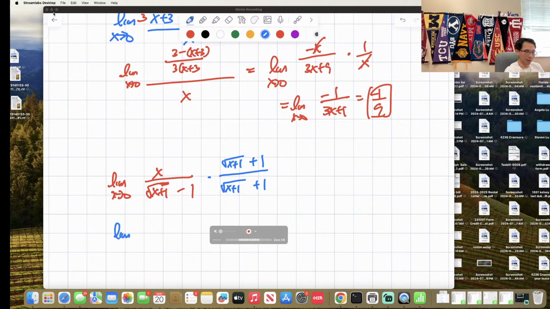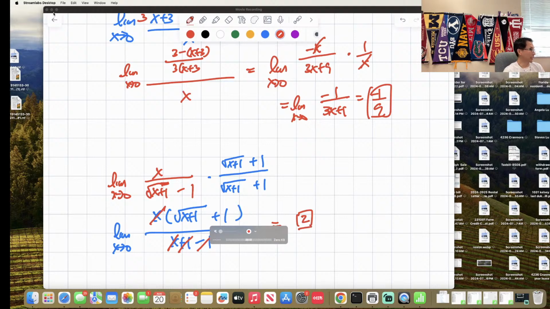But if I rationalize this, that will be x times the square root of x plus 1, all over the difference of squares, so it'll be x plus 1 minus 1. Does that make sense? And that 1 cancels out, and the x cancels out. Then that's going to be 2. The answer is 2.